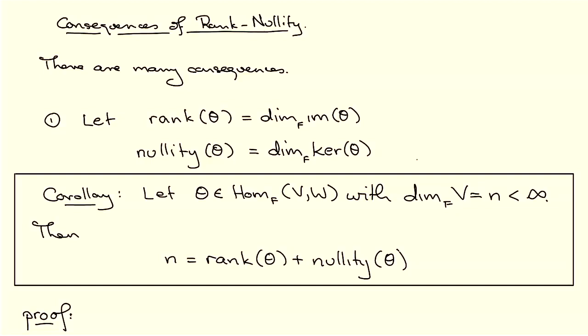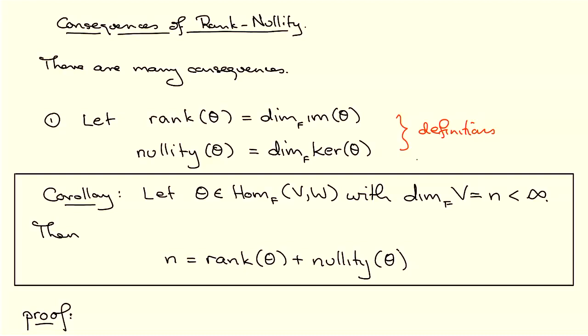So for a linear transformation, the rank of theta is, by definition, the dimension of the image. And the nullity, a kind of stupid word, I think, is the dimension of the kernel. It's an old-fashioned word, but it still gets used. That's why it's called the rank nullity theorem, because it links those two things together.